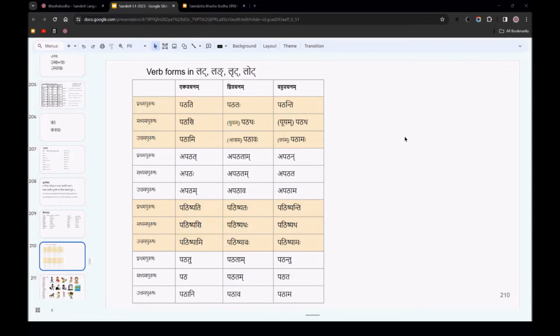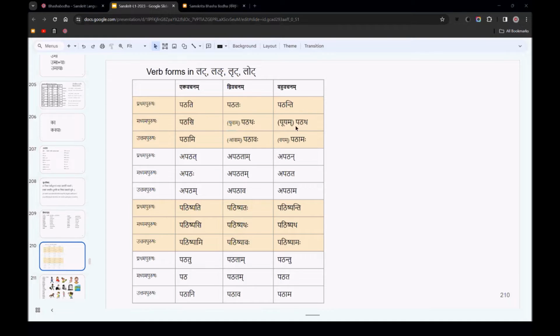Prathama purusha is applied. These forms, the first line, are applied when the action is done by not me, not I, or not the self, somebody else. Somebody else means not you, but not self, but someone else.